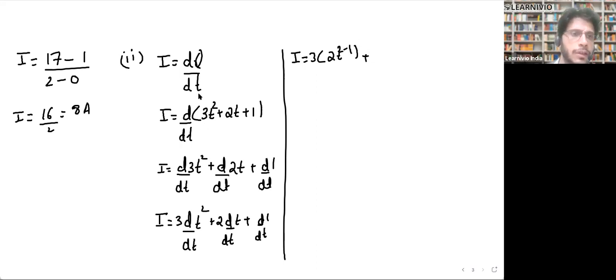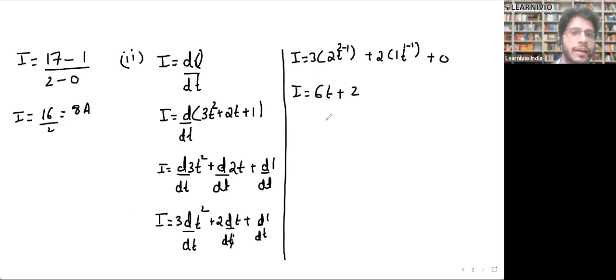Good. Next, we need to differentiate this t. What's the derivative of t? The derivative of t is 1 into t to the power 1 minus 1. Then we have the derivative of 1, which is 0. So this is the expression of current, which is 6t plus 2.